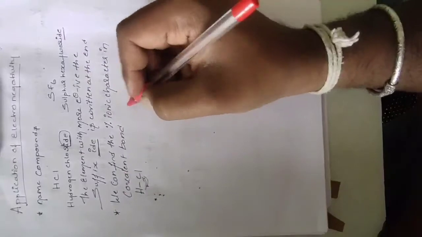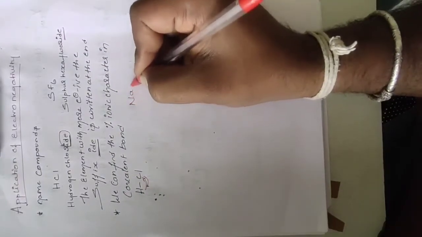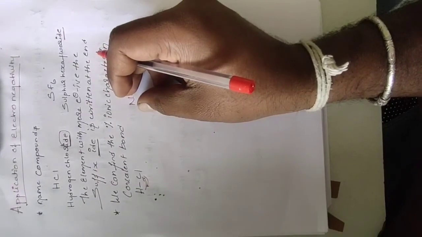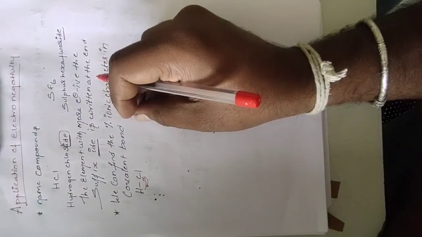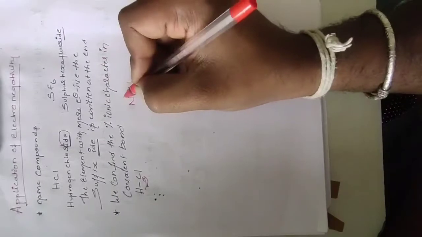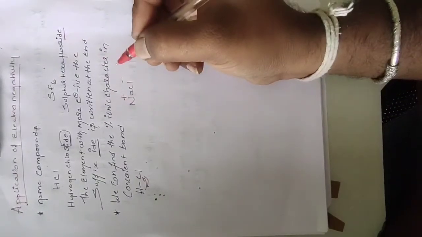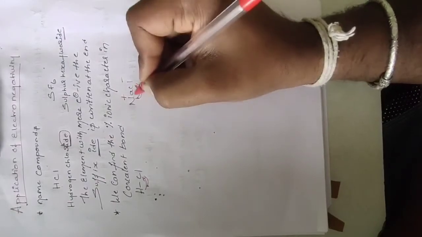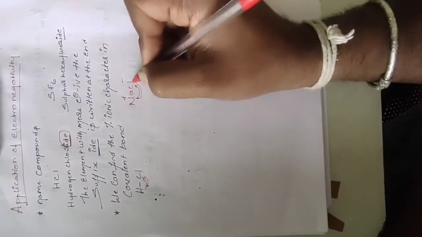You can take another example, NaCl, sodium chloride. It has an ionic bond, transfer of electrons from metal atom to non-metal. You see, it is a metal plus a non-metal. The electrons are transferring from metal to non-metal.